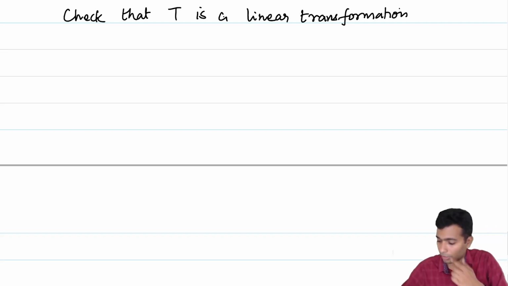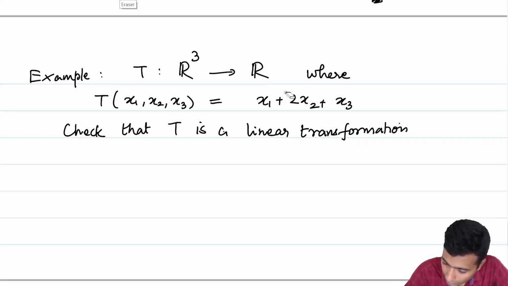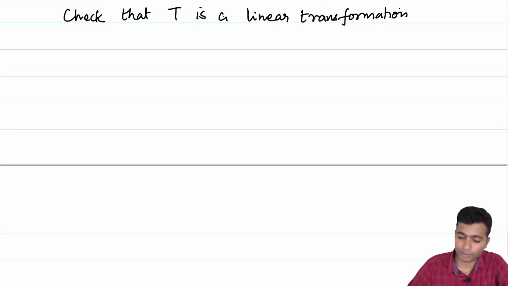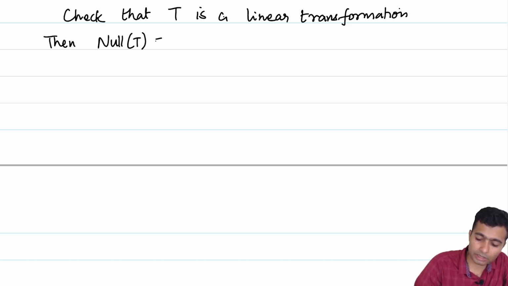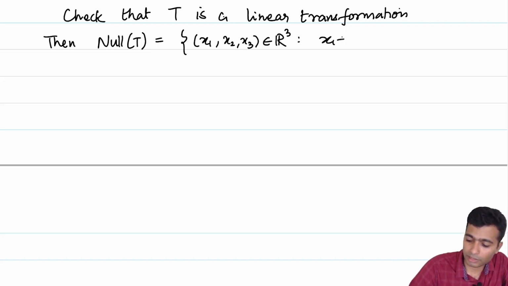Okay, maybe we should look at the example where this is x1 plus x2 plus x3, because we then know exactly what the null space would be. Then the null space of T is the set of all (x1, x2, x3) in R3 such that x1 plus x2 plus x3 is equal to 0.